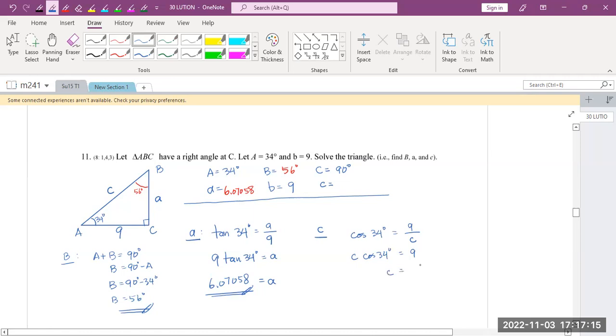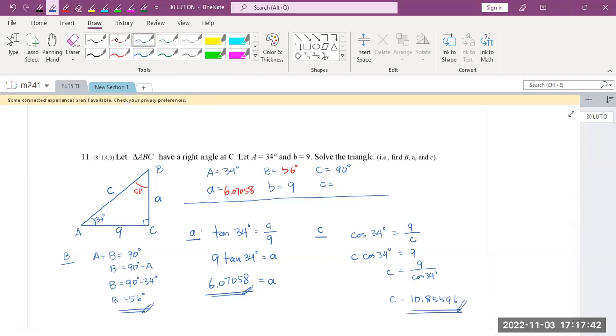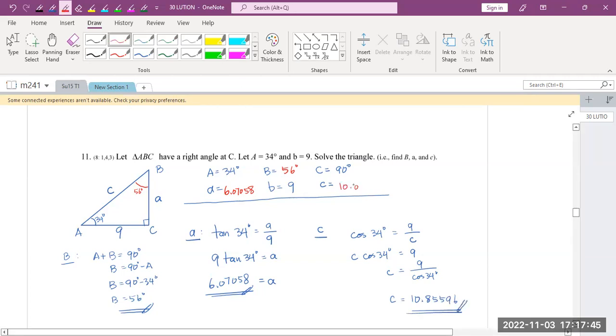So C equals 9 divided by cosine 34 degrees. I get C is equal to 10.85596. So we solved the triangle already. Okay, let's go on.